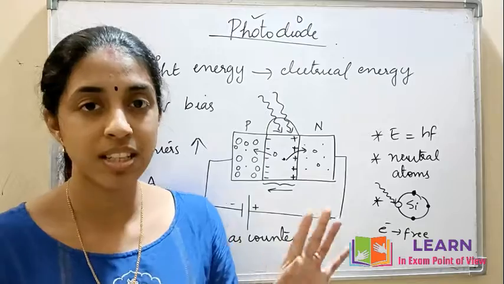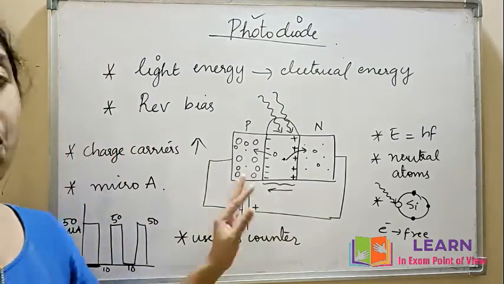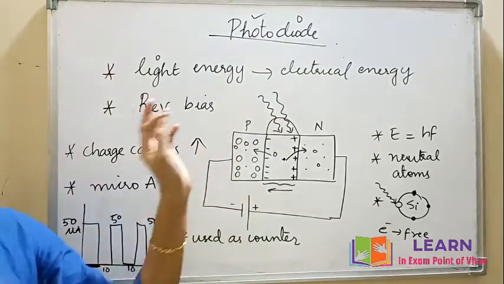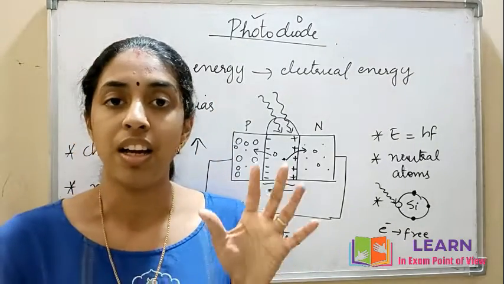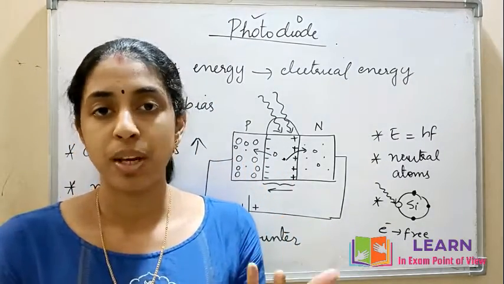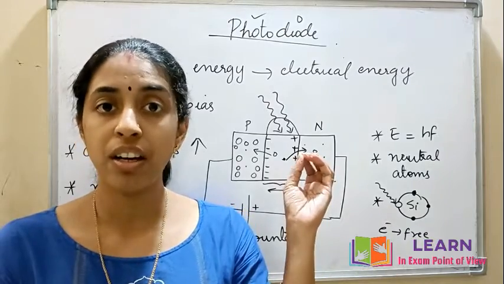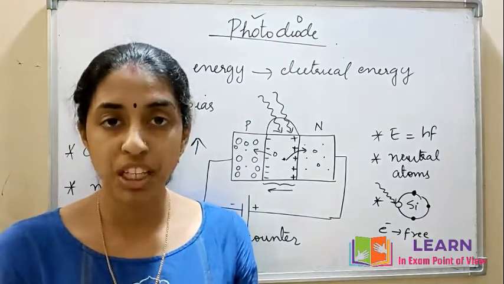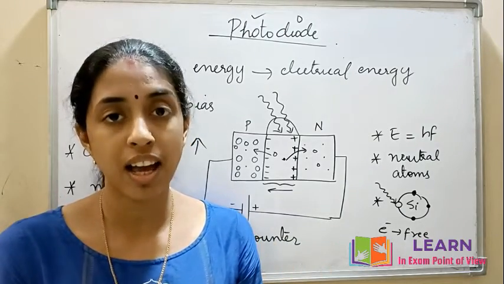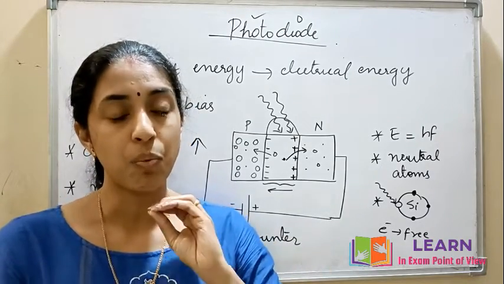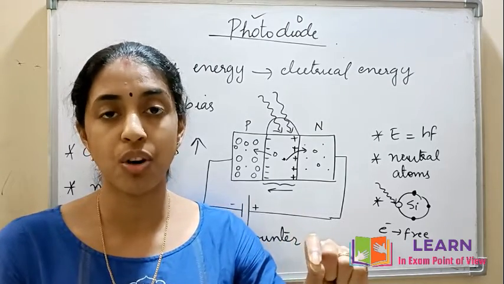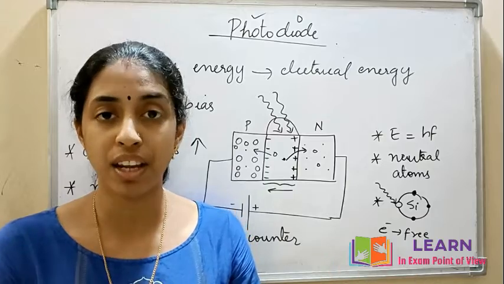Clear? So this is the working of the photodiode. It is simple. These are the key points you should remember. In a photodiode, which is also a PN junction diode, light passes through the depletion layer, which has neutral atoms. When light strikes, the electron gets excited and becomes free.